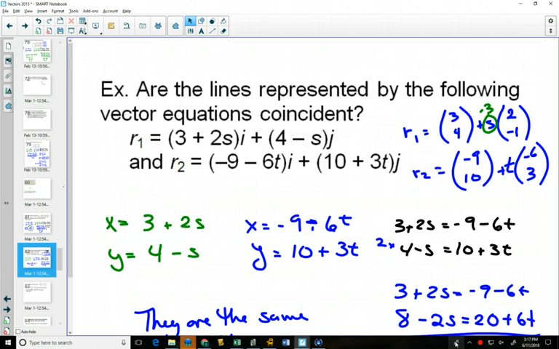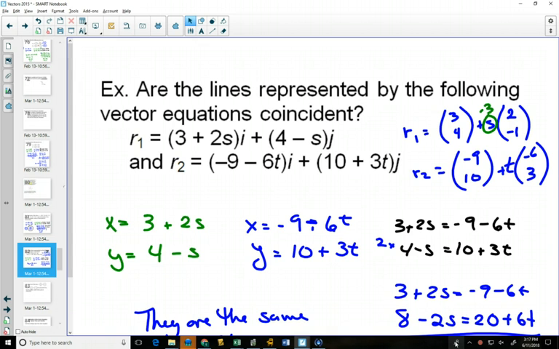The little green negative 3 above the s, that's just there to show you that if you plugged in negative 3, the point (-9, 10) is on that line. You might be able to see by looking at the direction vectors that they're parallel as well. But often you don't see that and start setting things up to solve.